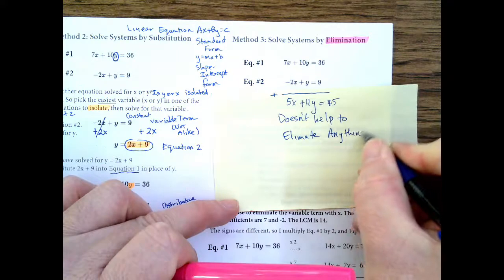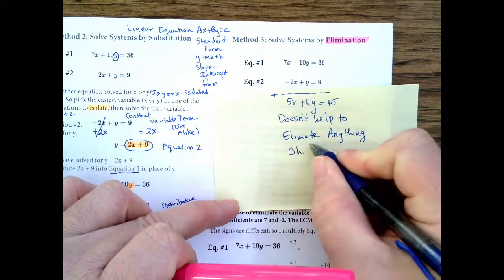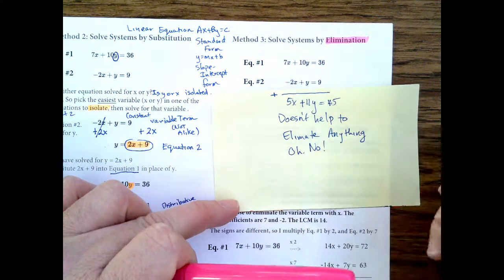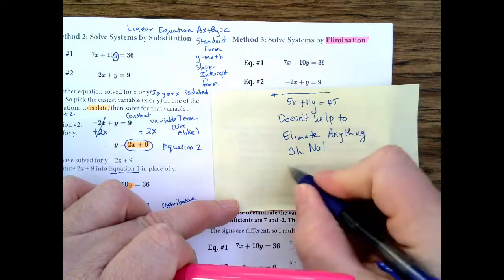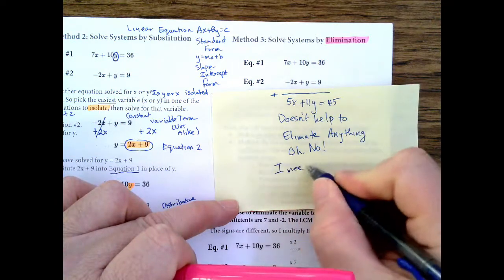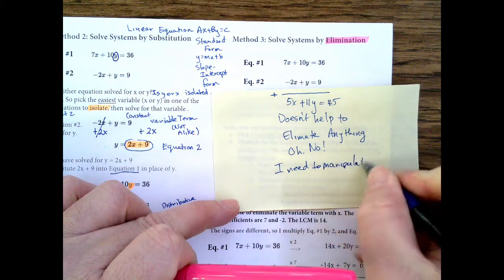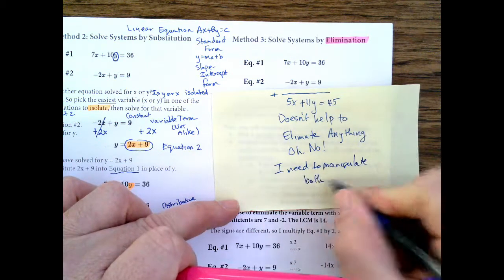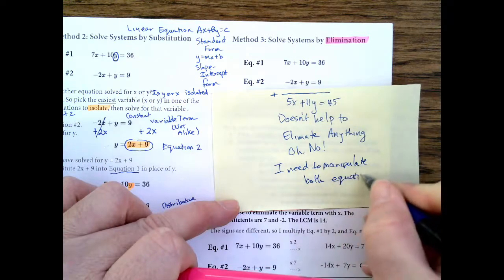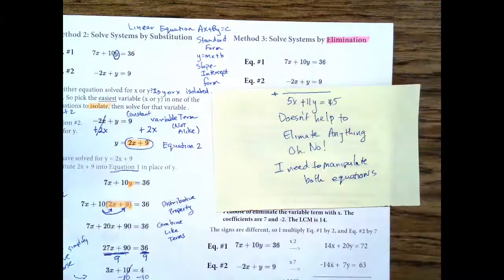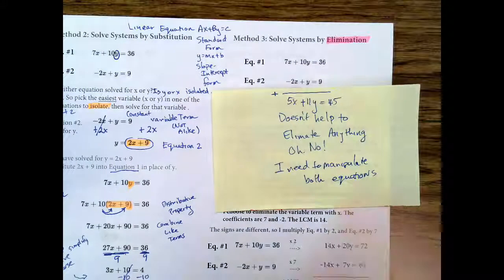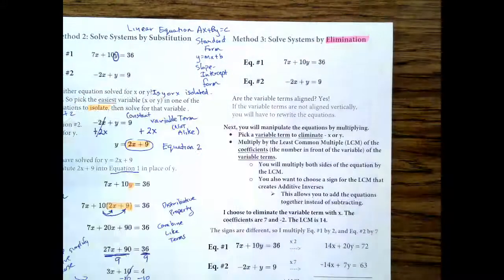So I say to myself, oh no. I need to manipulate both equations. Let's say I wanted to eliminate x.